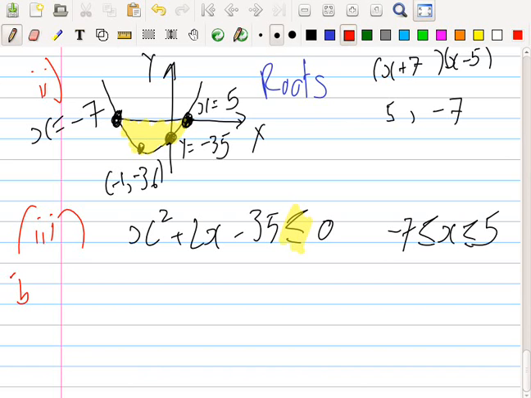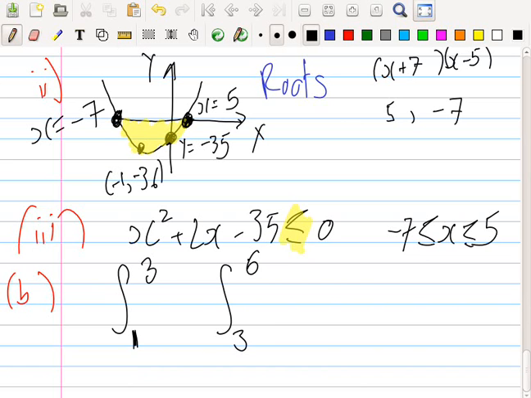Part B, he wants the area between 1 and 6. Who can tell me why I split it like this? 2 areas.